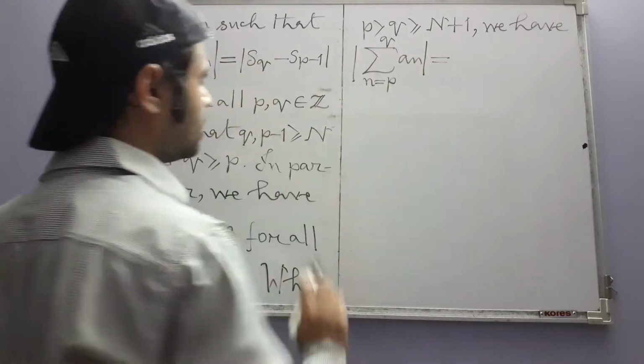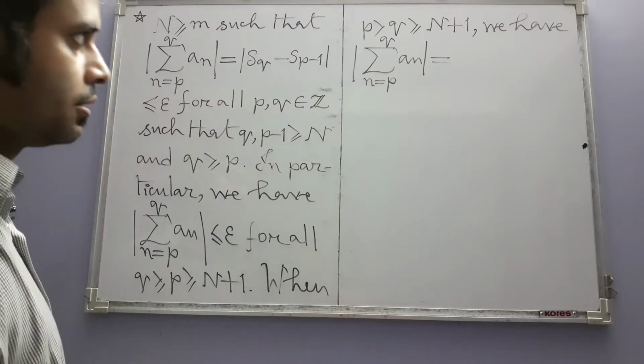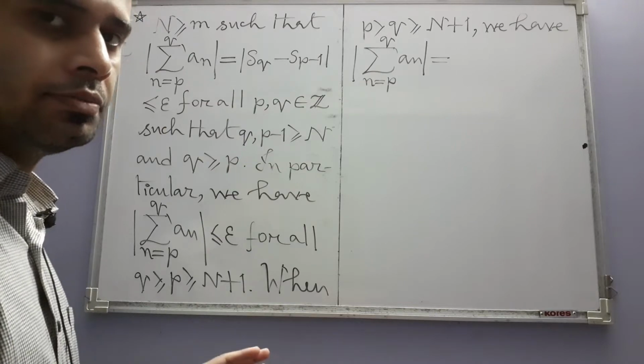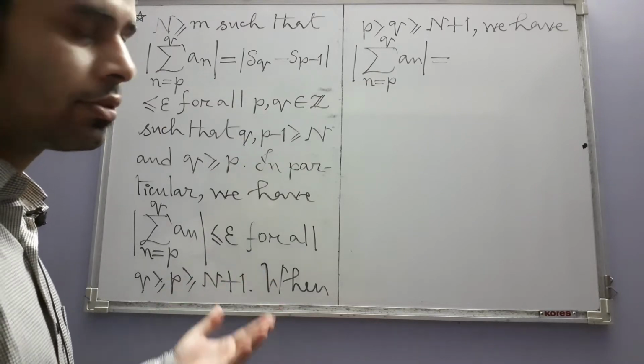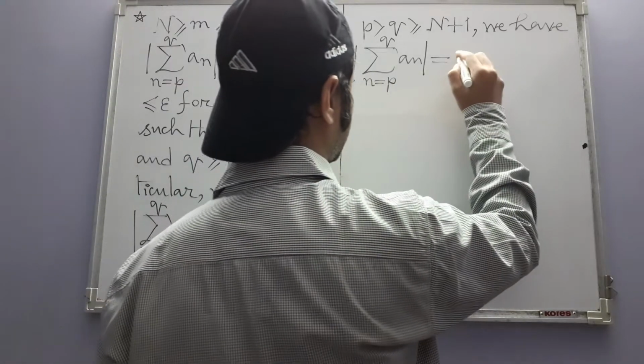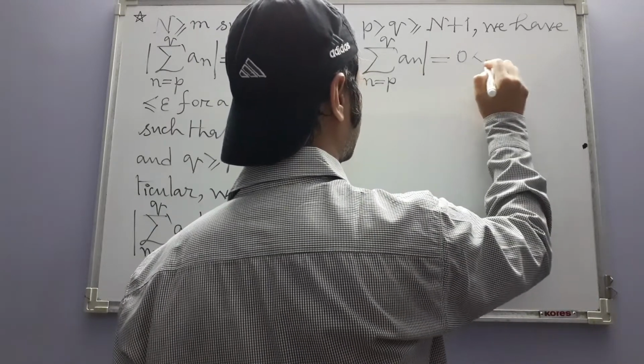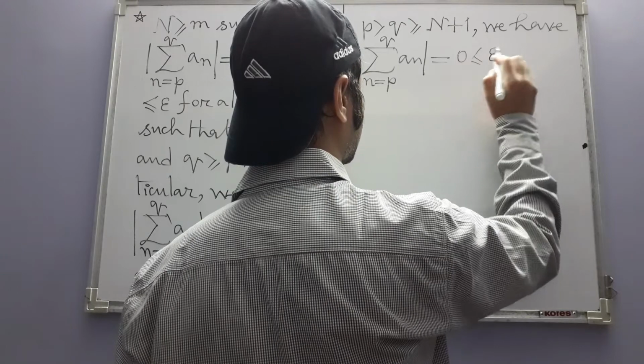Now with this inequality, p being greater than q, what will this finite series be? We already saw in the definition of finite series that in that case this finite series is 0. It has the value 0, and 0 is less than or equal to epsilon.